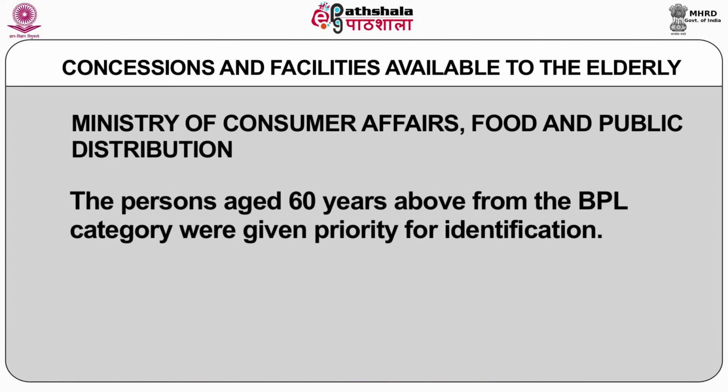The persons aged 60 years and above from the BPL category were given priority for identification. Under the Annapurna scheme being implemented by the states or the Union Territory Administration, 10 kilograms of food grains per beneficiary per month are provided free of cost to those senior citizens who remain uncovered under the old age pension scheme.